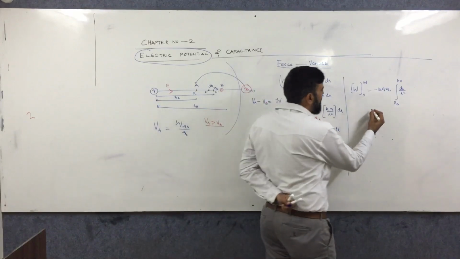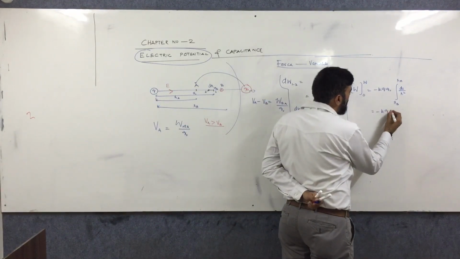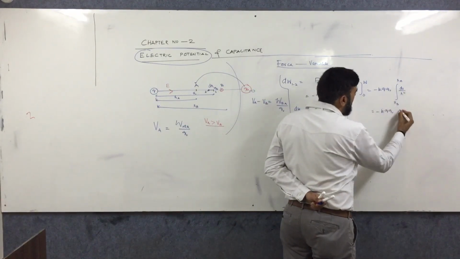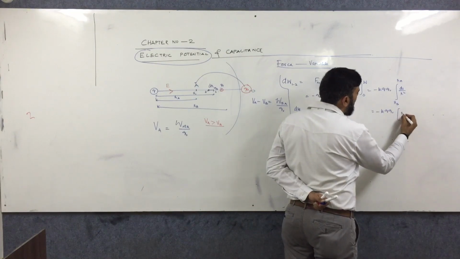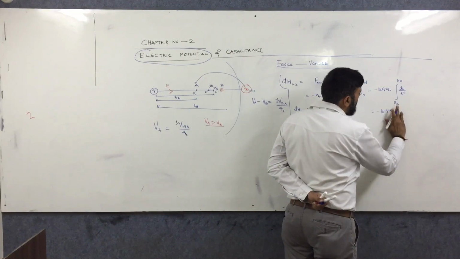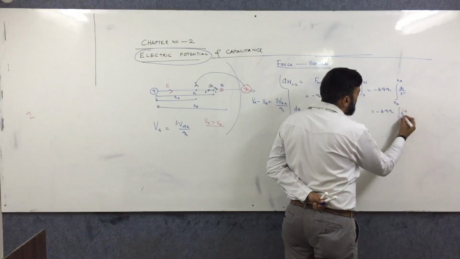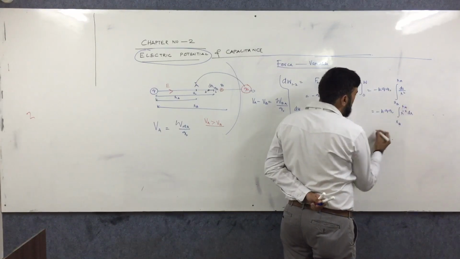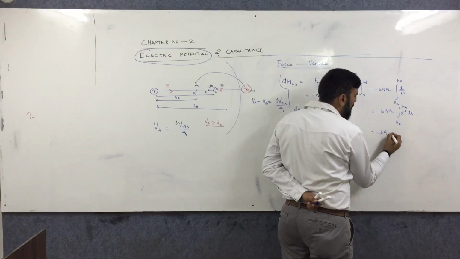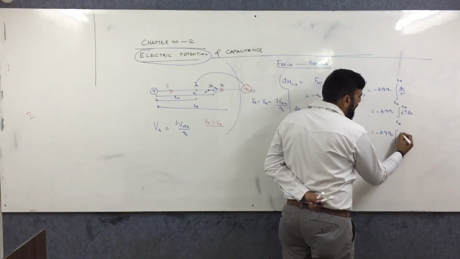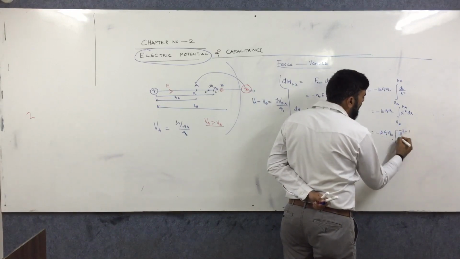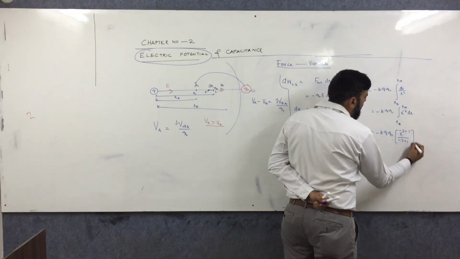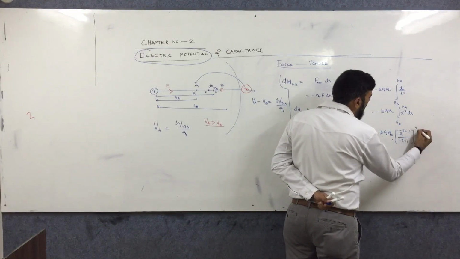Right? So I'll take this further. Minus k q q0. What is the integration of dr by r square? Let me show the integration step also: r raised to minus 2 dr from RB to RA. This gives minus k q q0 times r raised to minus 2 plus 1 upon minus 2 plus 1, from RB to RA.